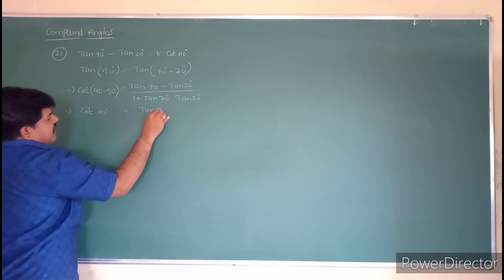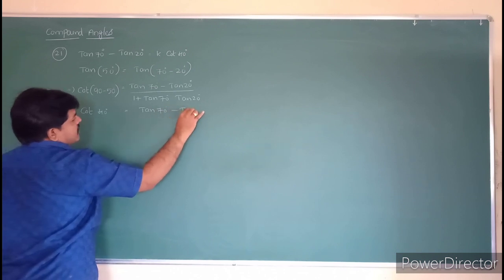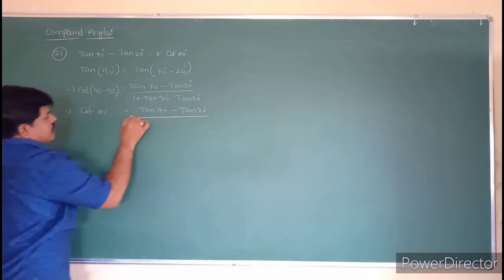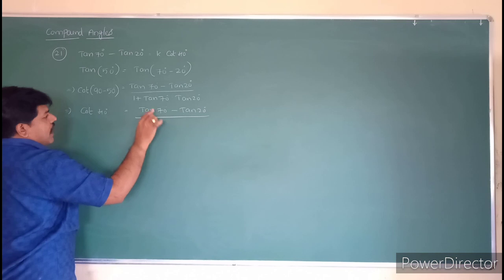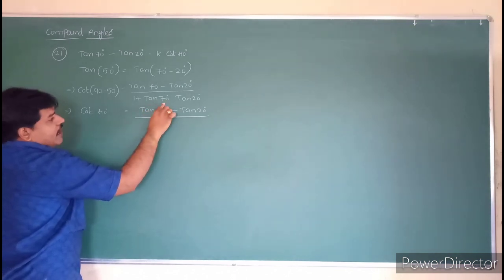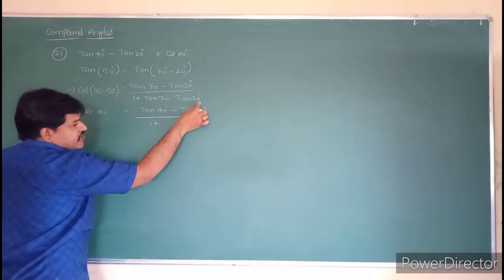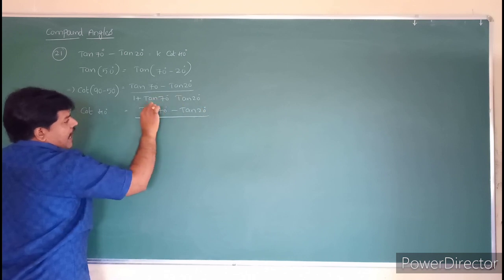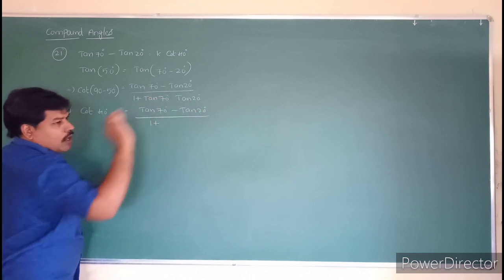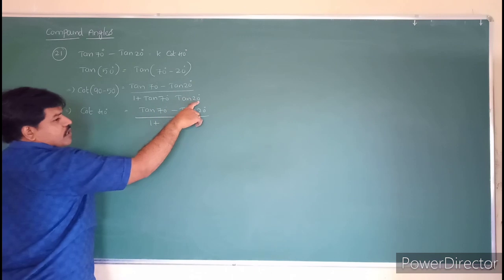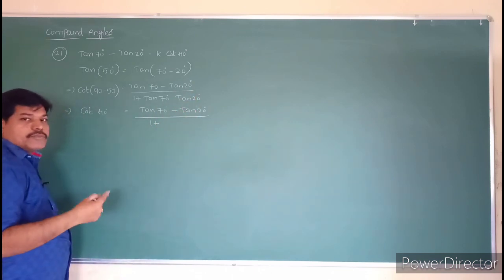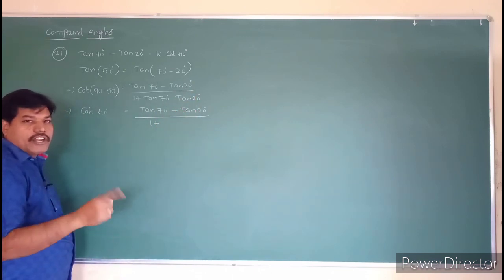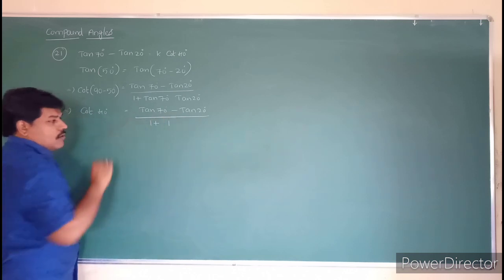Tan 70 degrees minus tan 20 degrees by 1 plus, already you know the formula, if a plus b is equal to pi by 2, then tan a into tan b is equal to 1. 70 plus 20 is 90 degrees, so tan a into tan b will become 1. So it will become 1 only here.